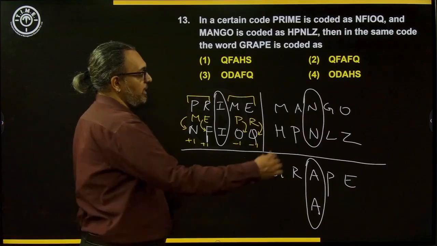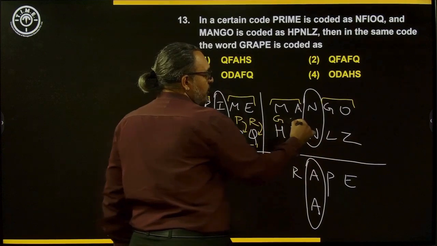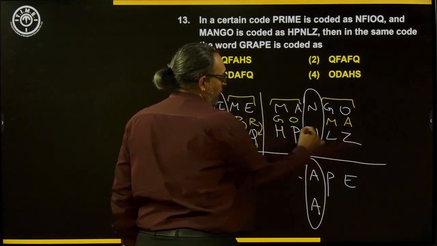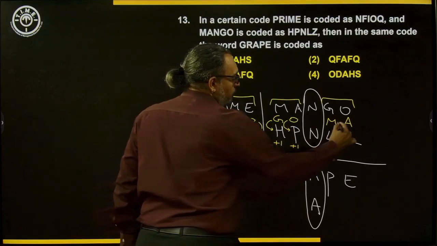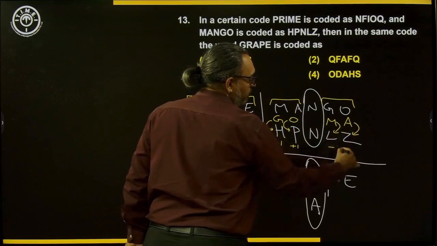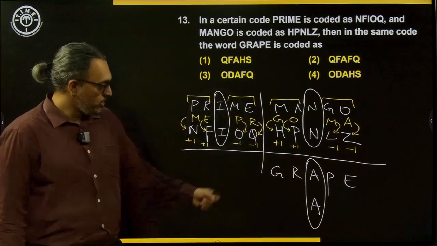So the logic here is, if you check, he has taken the first two and the last two and exchanged their positions, and then for the first two, he is taking the next alphabet. For the last two, he is taking the previous alphabet. So in both the cases, that is what is happening. Correct? So we do the same.